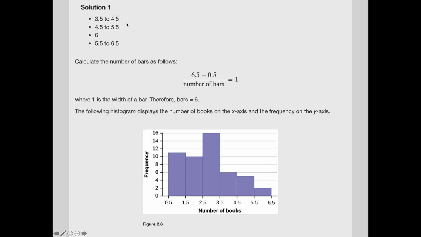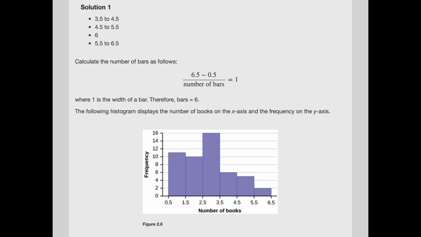So we're going to go 3.5 to 4.5, 4.5 to 5.5, and so on and so forth. What we're saying is 6.5 minus 0.5 is equal to 6, and the width is going to be 1 unit each. We know that, therefore we need 6 bars, which I think you kind of knew already anyway, because there were 1s, 2s, 3s, 4s, 5s, and 6s.